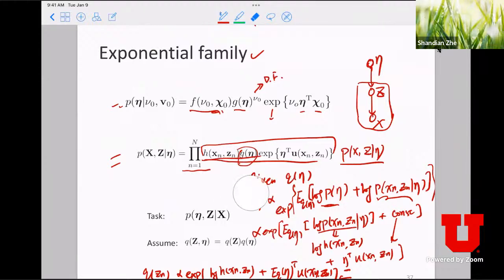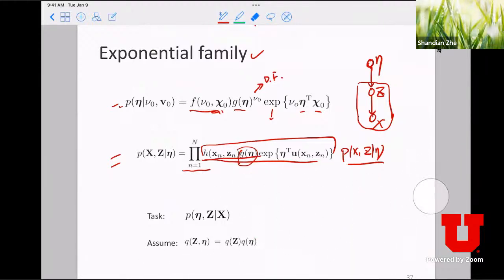So now let us try to update the Q of eta. Okay. So that means we're going to fix Q of Zn, right? All of Q of Zn. Remember, we have big N Q of Zns. Okay. So if we update Q of eta, it is the same updating formula, again, we're going to take exponential.